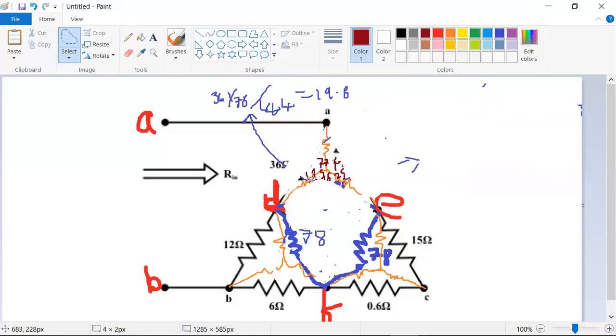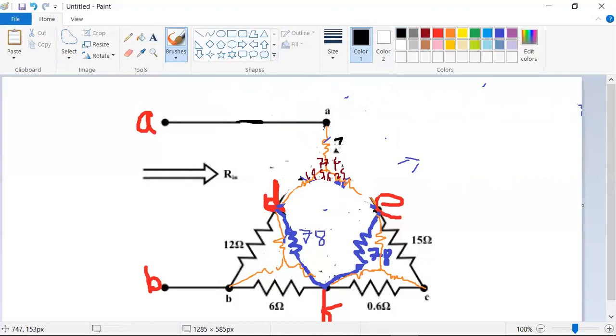So this is 19.5, 16.25. We will write again. Right.